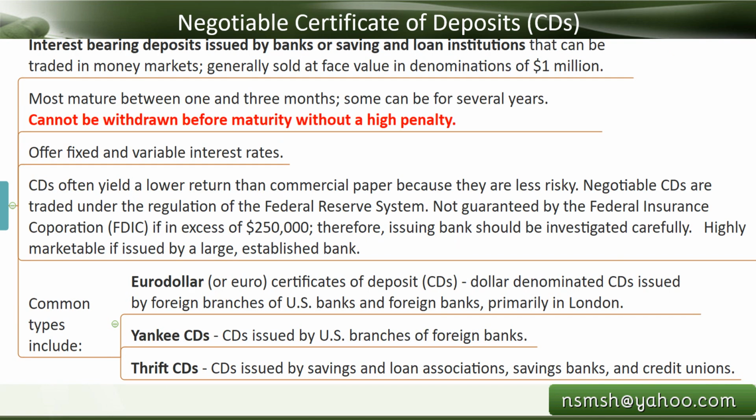Negotiable certificates of deposit are interest bearing deposits issued by banks or savings and loan institutions, which can be traded in money markets, generally sold at face value in denominations of 1 million. Some books say $100,000. Most mature between 1 and 3 months, some for several years.